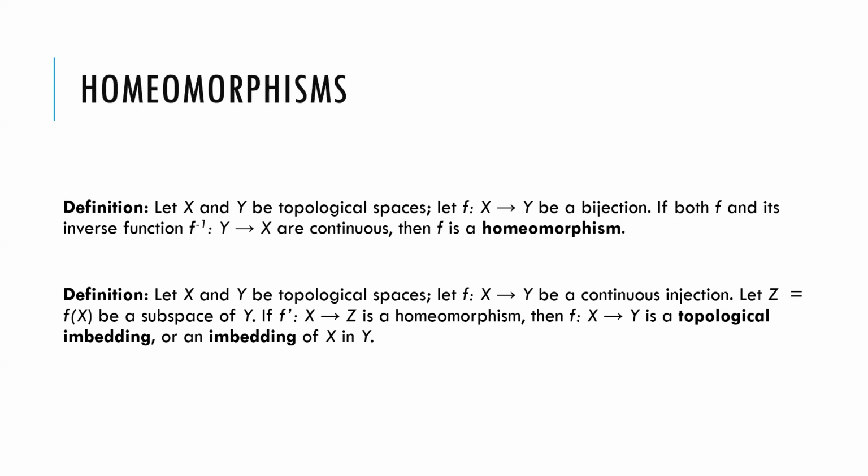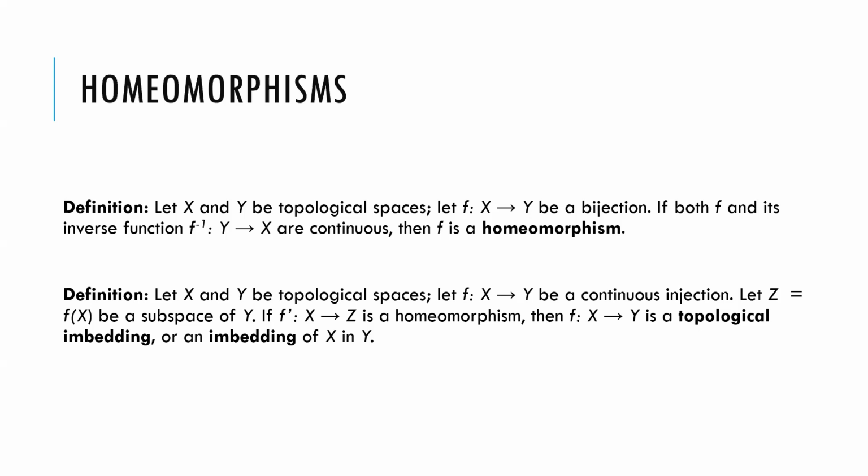So the homeomorphism maps an open set to an open set. And it's one-to-one corresponding, right? And also it maps a closed set to a closed set, right? It is also one-to-one corresponding.